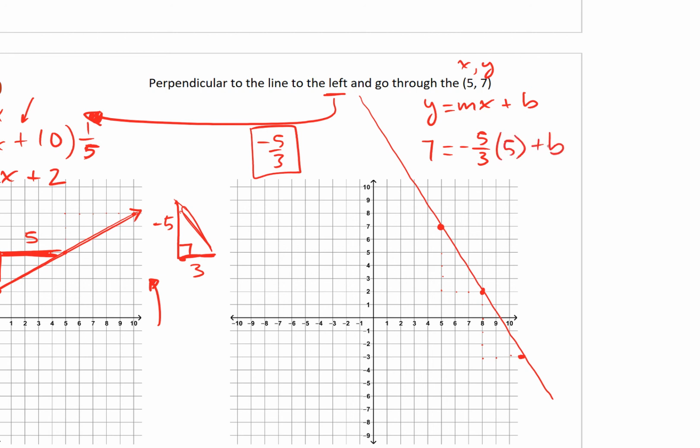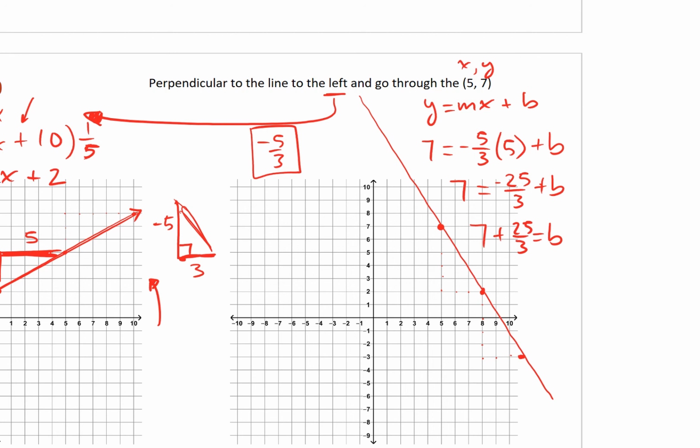So you can see what we're in for. It's not a pretty number. I'll rewrite this as 7 equals negative 25 thirds plus b. And if I add 25 thirds to both sides, 7 plus 25 thirds is b.